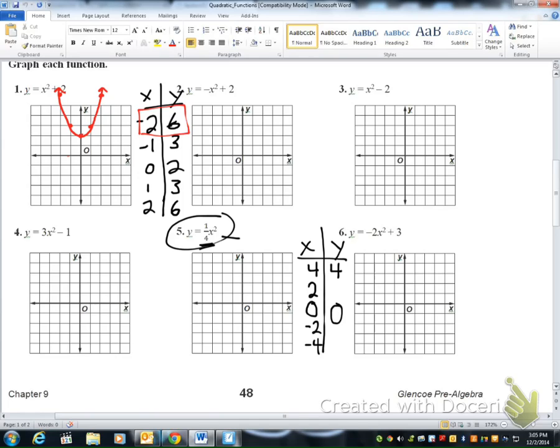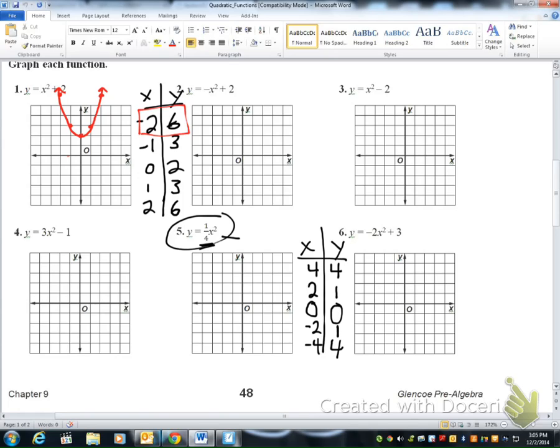And then negative 4 is also going to be 4. All right. Then 2 squared is 4. 1/4 of 4 is 1. And then that means negative 2 is also going to be 1.